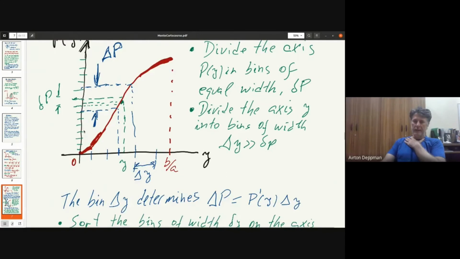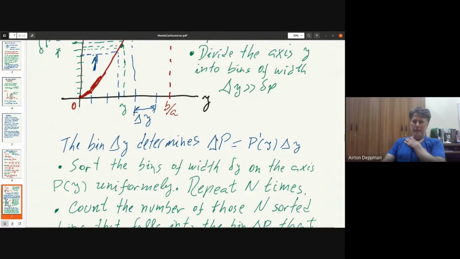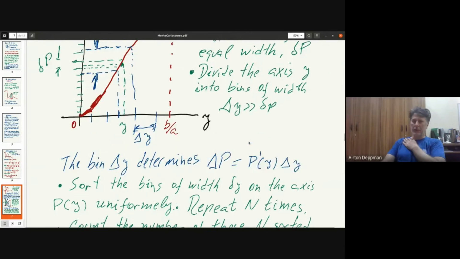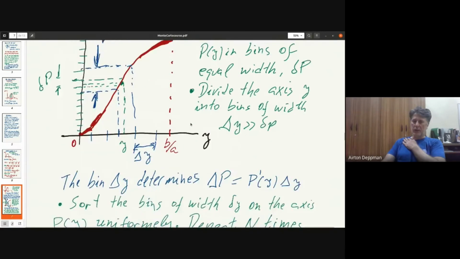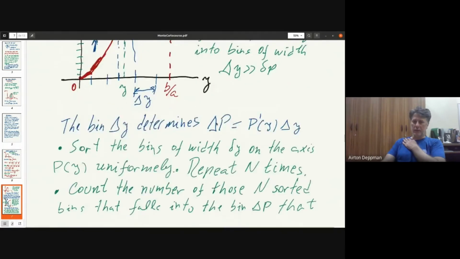And the width delta P is given by P prime of y times delta y if we make delta y sufficiently small. So we linearize the function in this region, and we can calculate the range delta P.